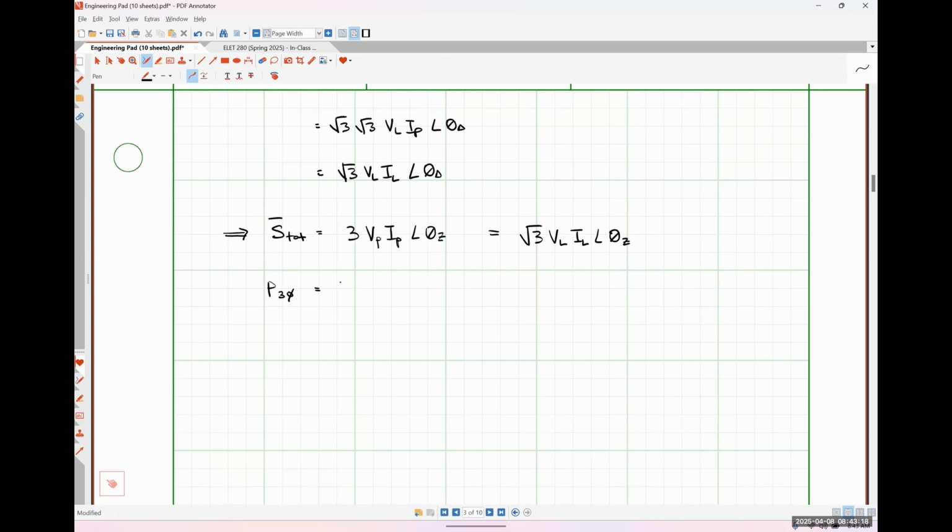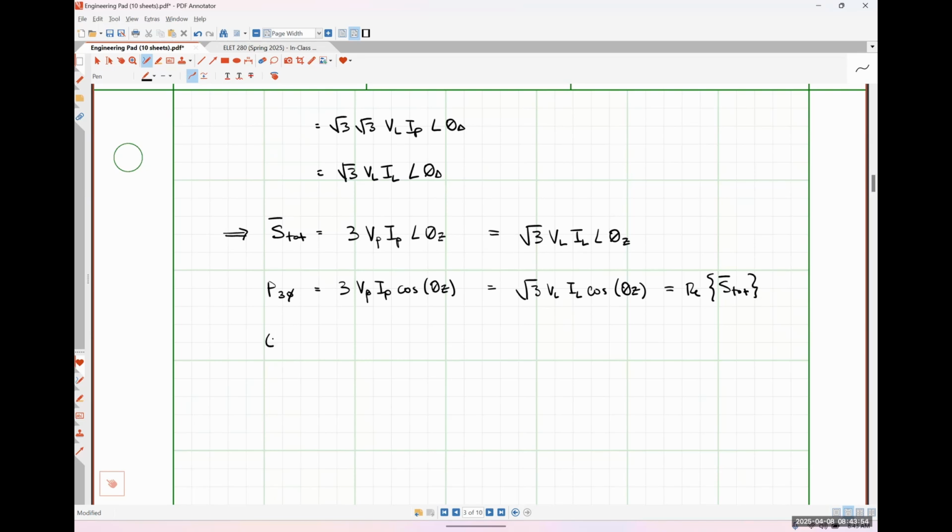So that would be 3 VP IP cosine theta Z, or √3 VL IL cosine theta Z. And I'm just going to put a note out to here. This is just the real part of what I called S total a moment ago.